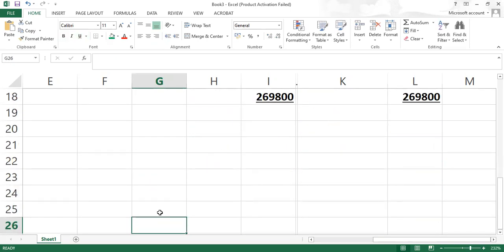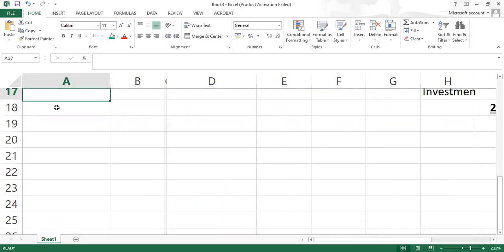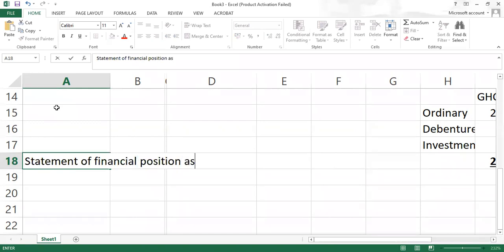Okay. So let's come to our statement of financial position, assets, 01 January 2019.